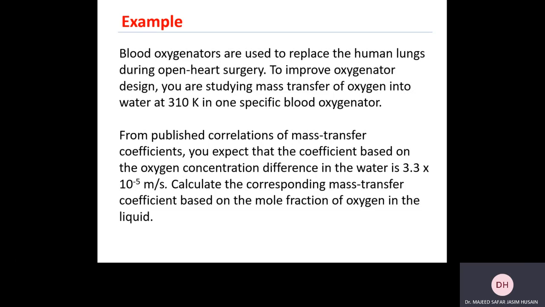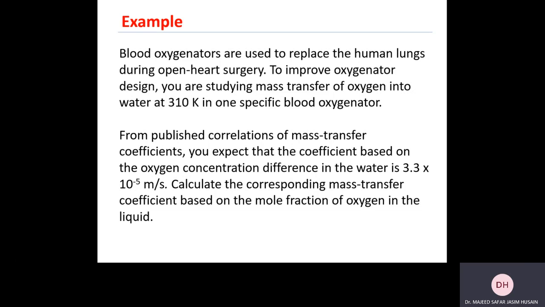One thing here, you see the value is to the power minus 5. And second, you should realize the unit from now on. The unit is given to you, and each one of these mass transfer coefficients has different units. Calculate the corresponding mass transfer coefficient based on the mole fraction of oxygen in the liquid.